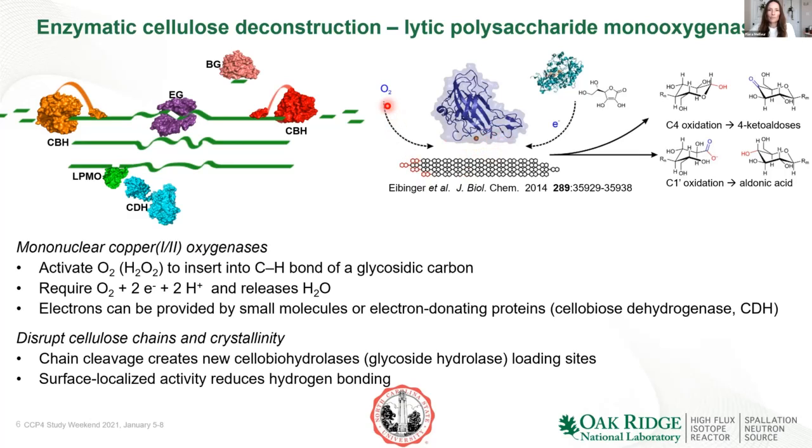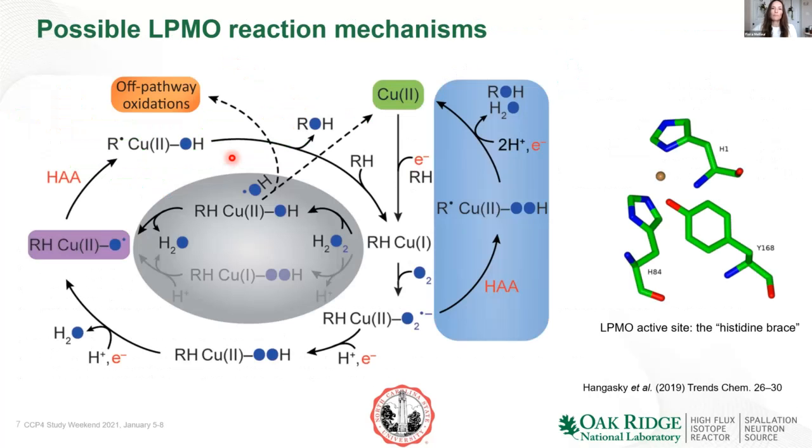The enzyme requires the input of molecular dioxygen and electrons in order to break the cellulose chain. When those enzymes were discovered, it was found that they boost the activity of the classical glycoside hydrolase by creating a new chain end that those GH enzymes can then access. So they have an important industrial role in the degradation and efficient usage of biomass.